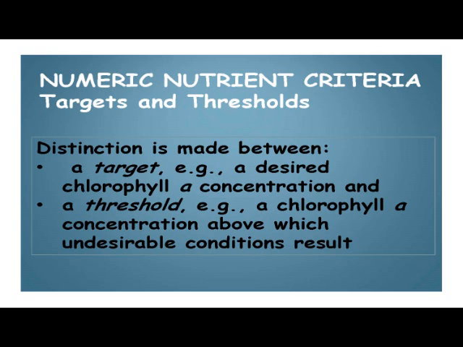A threshold was a level above which chlorophyll concentration has detrimental effects. And with respect to setting the criteria, we based them on the threshold condition, which was a little bit higher than our target goals to attain.